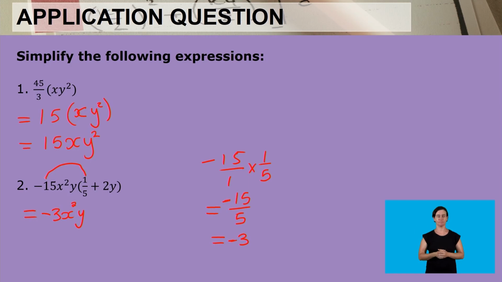That's going to be a negative 15. Well, firstly, we are adding in this binomial. So that's going to be a negative 15 multiplied by 2. That's going to give us a negative 30. And when we look at the variables, the x squared does not have another variable that has the same base as it, but the y has the same base as the other y in the binomial.